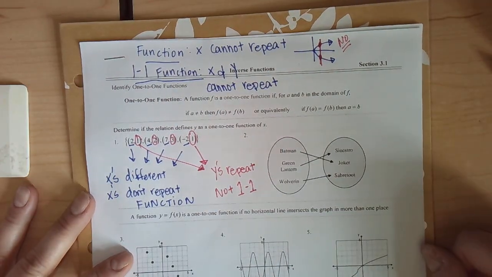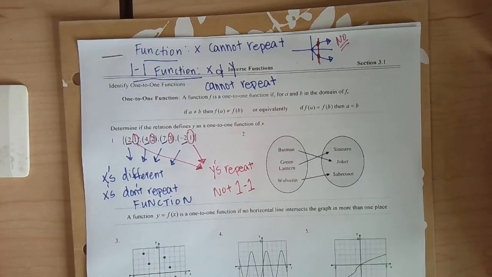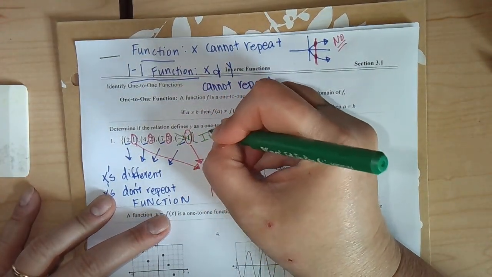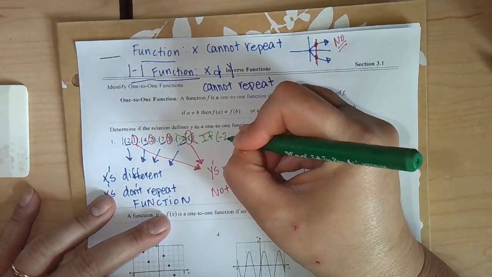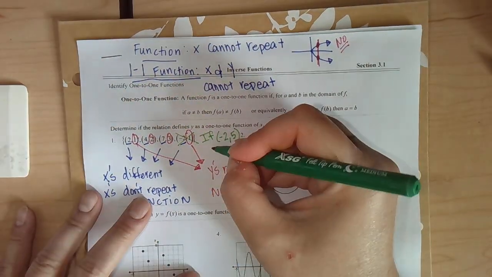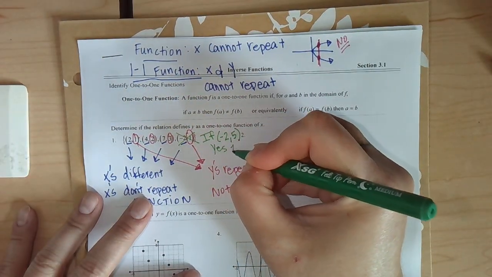It's just called a function, not a one-to-one function. If this last ordered pair had been -2, 5, then yes, it would have been one-to-one.